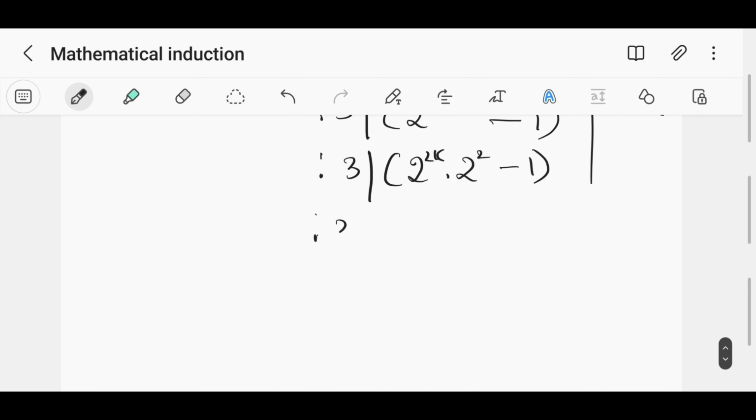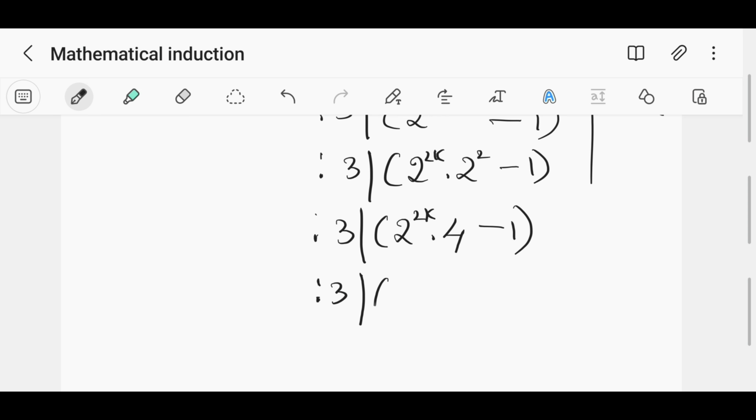So 3 divides 2 to the power 2k, let me write it as it is, into, what is 2 square? 4, minus 1. Can I write 4 as 3 plus 1? This minus 1, let it be as it is.